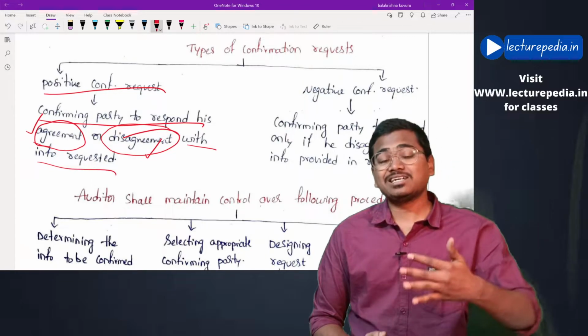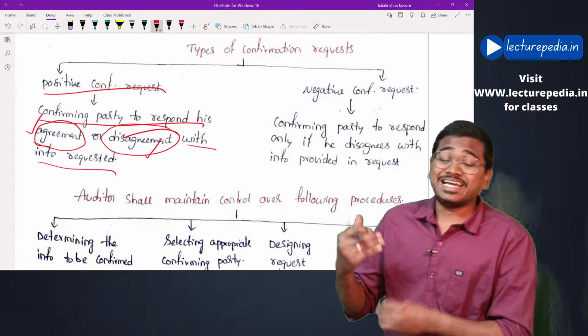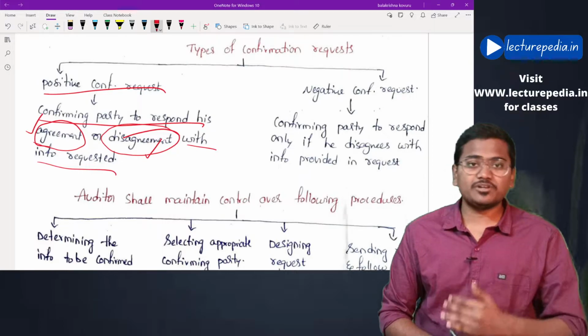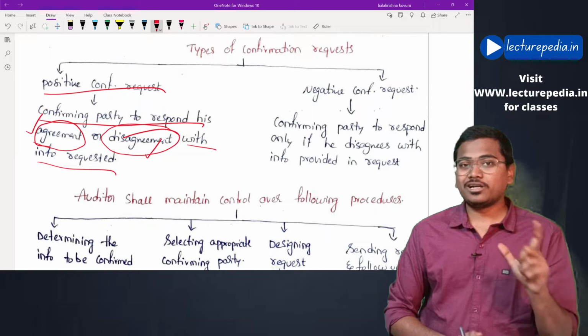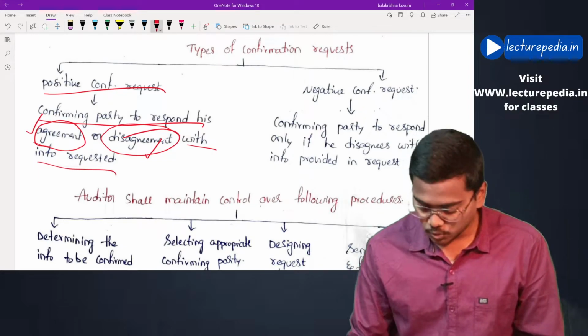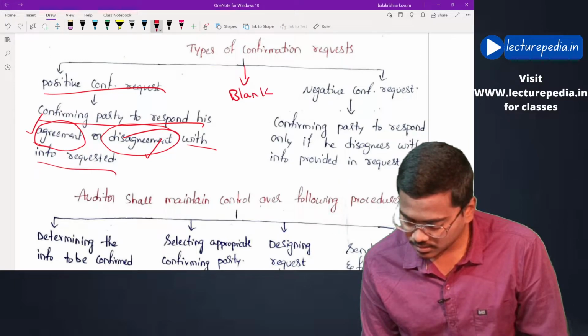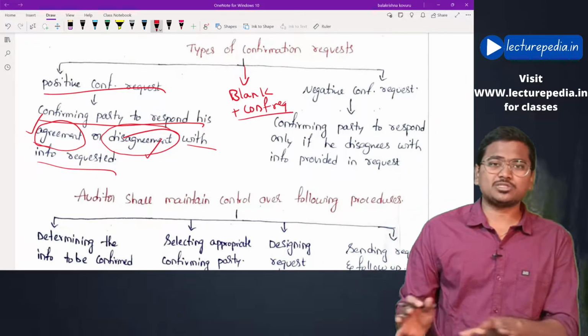What is the guarantee that the third party will not neglect while responding to the confirmation request? Now to obtain this guarantee, what the auditor can do is he can give a blank positive confirmation request. What is this blank positive confirmation request?